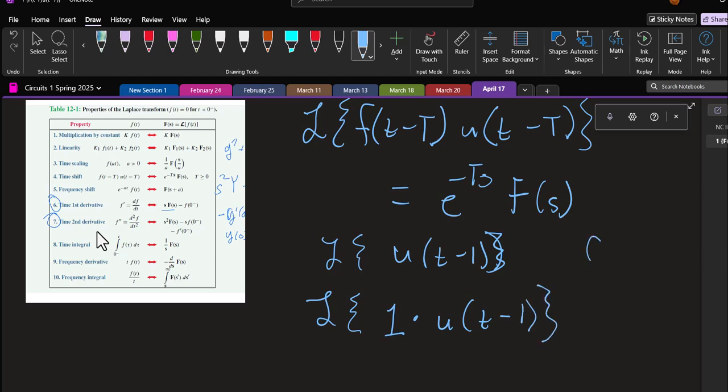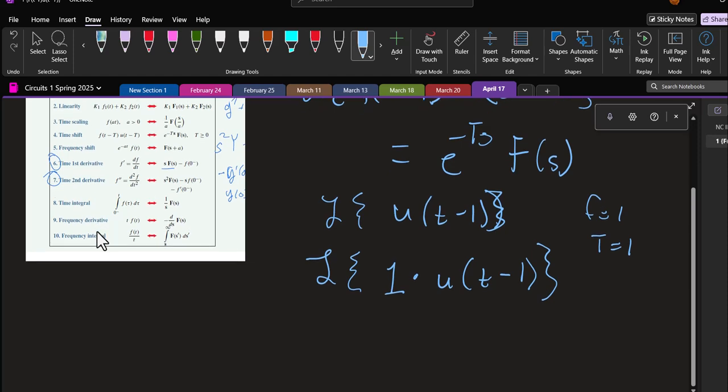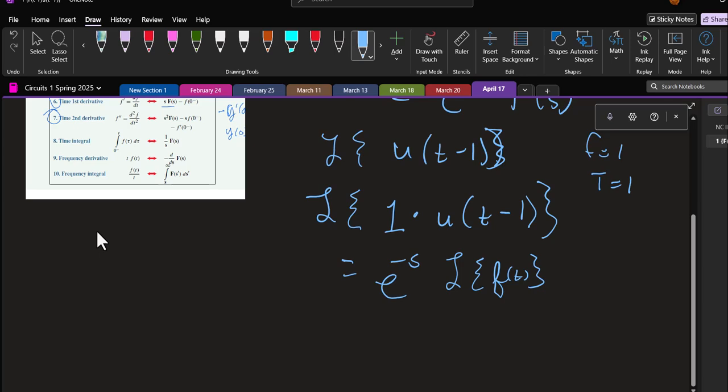And so f is 1 and capital T is also 1. So the Laplace transform is e to the minus s, and this capital F means the Laplace transform of little f, and little f was the unit step function. So that's e to the minus s times 1 over s, and then I also had a 6 in there.